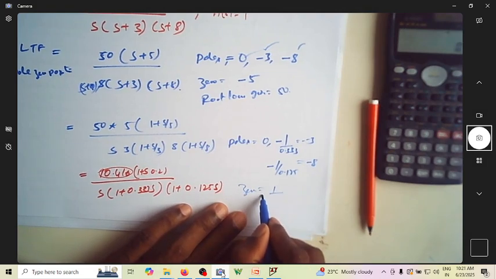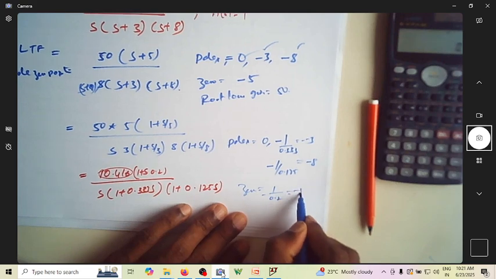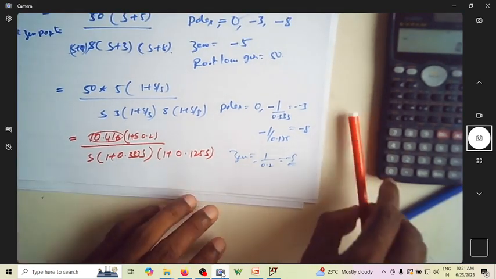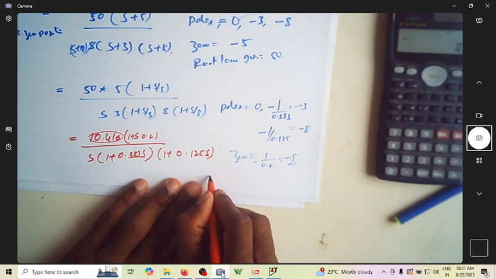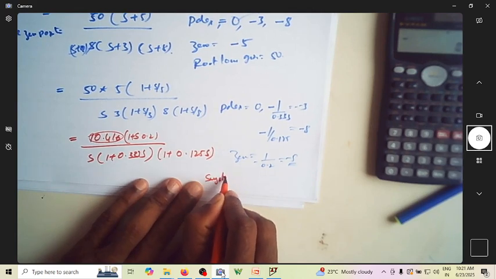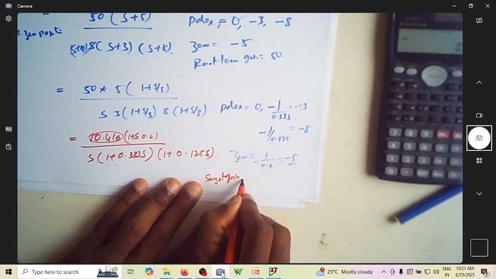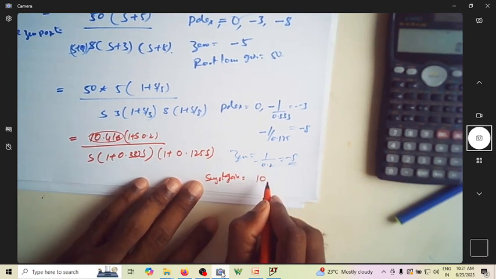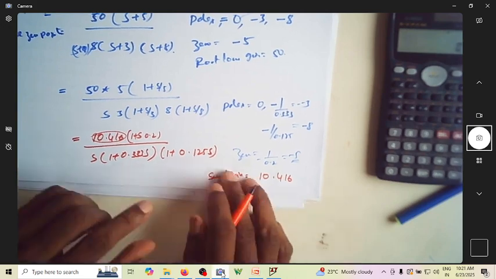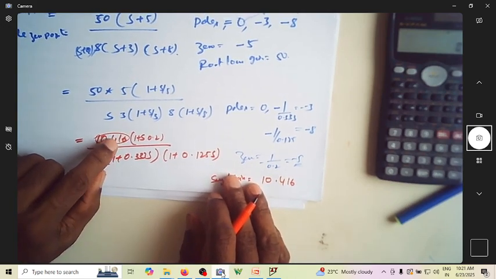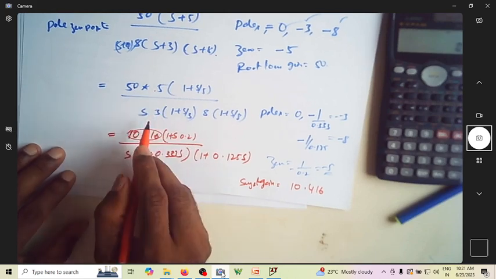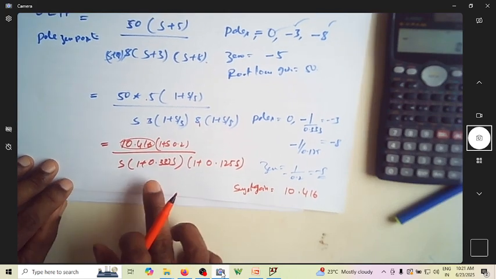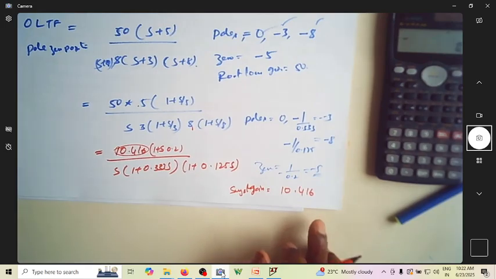Zero is at 1 over minus 0.2, which is nothing but -5. What is system gain? Only system gain changes. System gain is now 10.416. How did I get this 10.416? It is this into this divided by 3 into 8. So that's what is system gain.